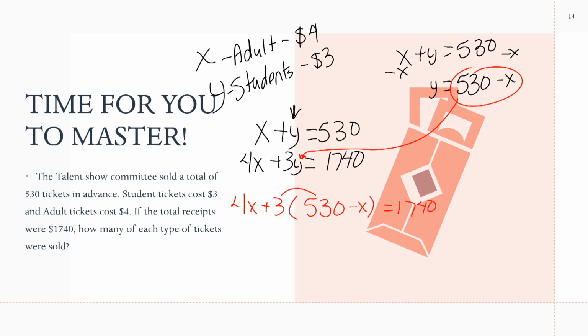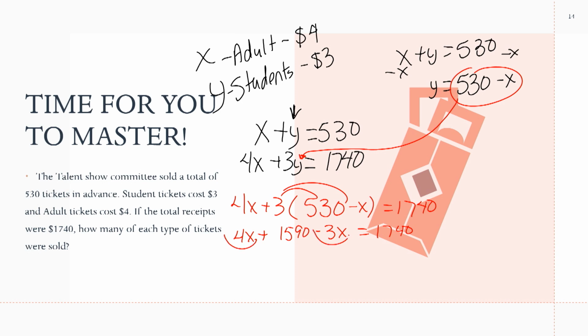I'm going to distribute. 4x plus 530 times 3 is 1590 minus 3x equals 1740. You always, always, always make sure that we put like terms together.